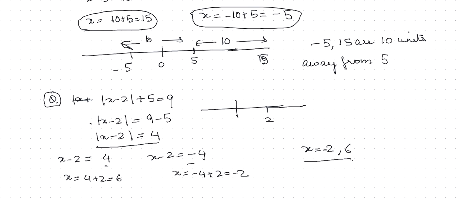This is negative 2 and this is 6. So we see that this distance is also 4 and this distance is also 4. And outside of absolute value, this has to be always positive. Inside, it can be negative.